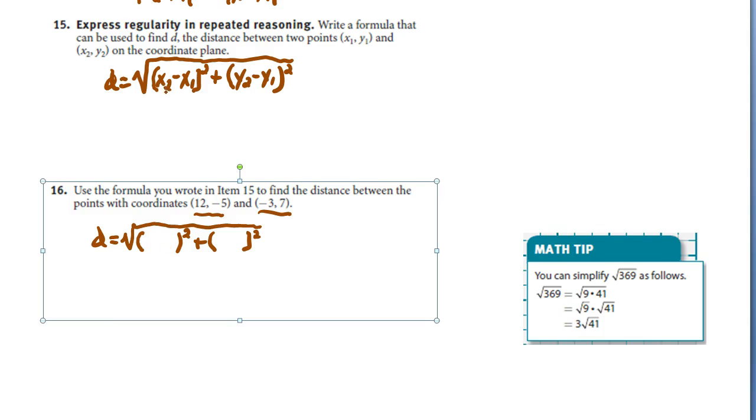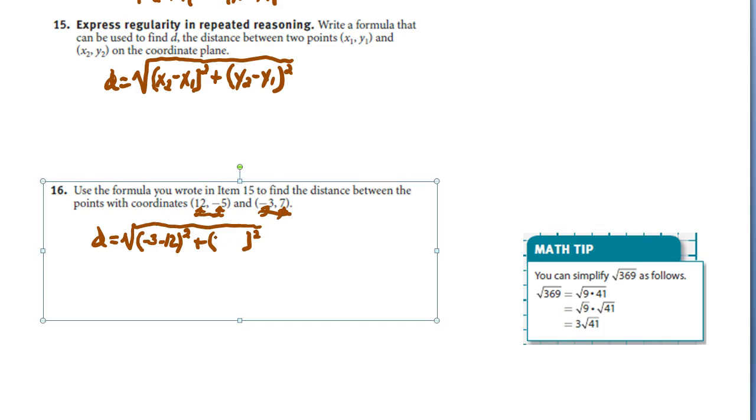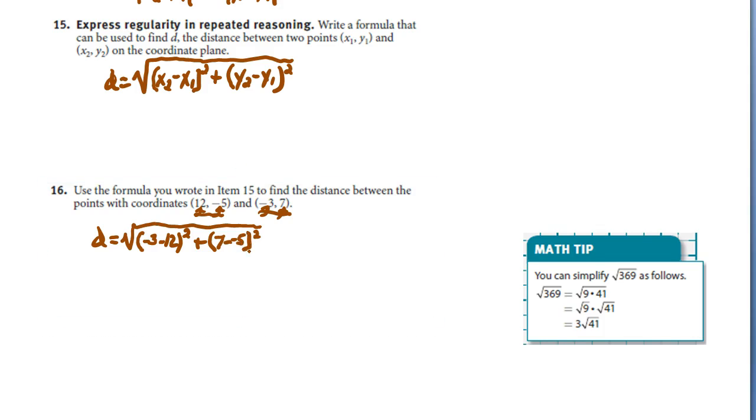In the formula, it's x2 and x1. It's the x coordinates, the 12 and the -3. So we have -3 subtract 12. Now, what's in the other parentheses in the formula? That's the difference of your y coordinates. Your y coordinates are the -5 and the 7. We want the difference, so we want to go 7 subtract the -5.